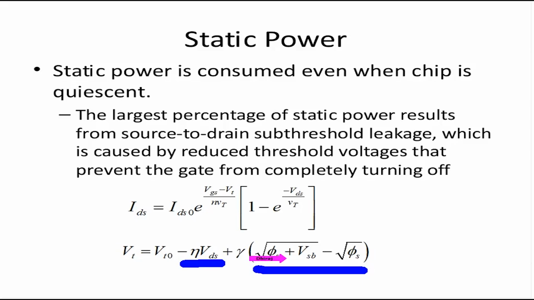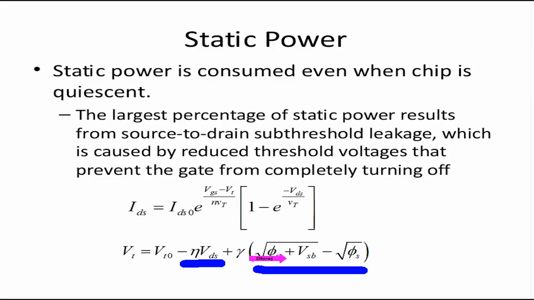They can build a device which is faster by playing with the VT, but it consumes more leakage power. Again, you can raise the VT and make the device slower, but then it will be good for low power applications. So we'll see more of this in the coming slides.